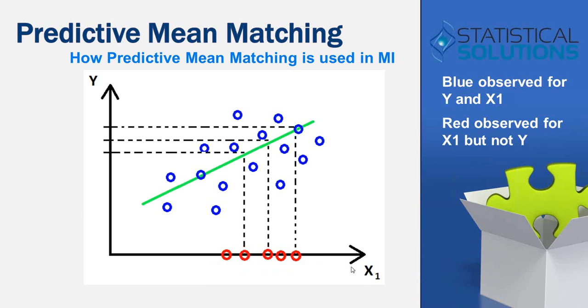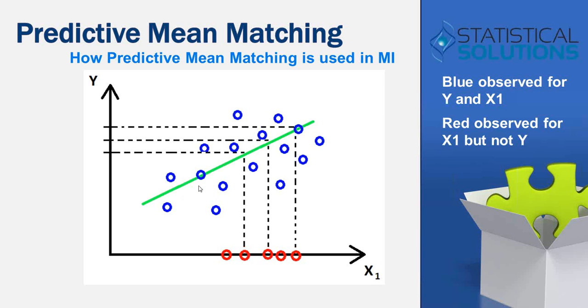I'm going to graph a covariate here, x1, versus our outcome variable y. So y is on the y-axis, and our covariate x1 is on the x-axis. These blue dots here represent observed data for both x1 and y, and the red circles here represent observed values for x1, but we don't have it observed for the outcome variable y.